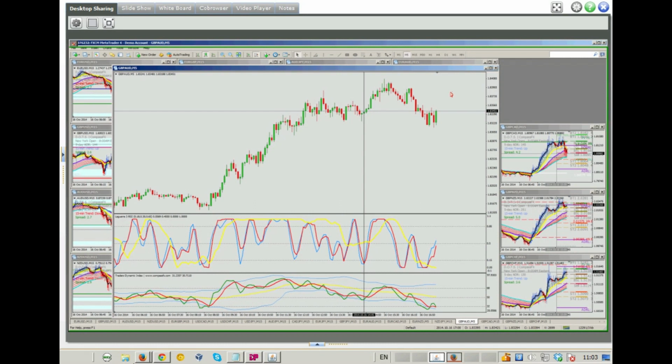Once this candle closes, I'm looking for a scalp trade. This is the first leg. This is the second leg right here. If it breaks that second leg, you go down to a 5-minute chart.